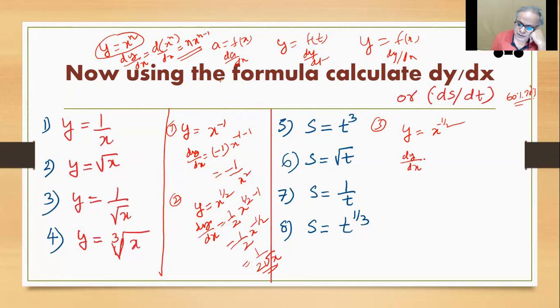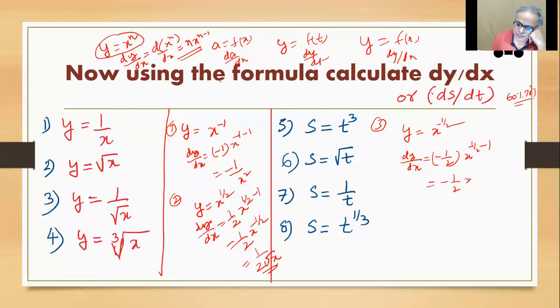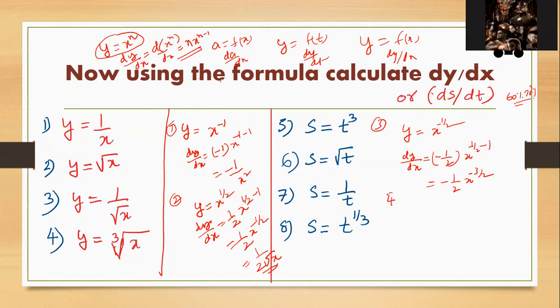Dy by dx equals minus 1 by 2 into x power minus 1 by 2 minus 1, that is minus 1 by 2 x to the power minus 3 by 2. Isn't it? If you want, you can write below also. Okay. And then who else? Srivalli. Fourth one. Srivalli.